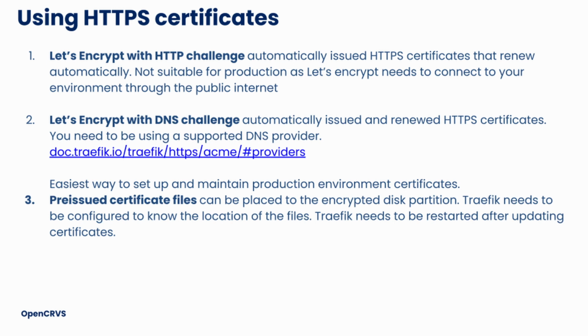These certificates are stored on the encrypted file storage partition on the application servers, and the server is configured to know their exact location. This method requires manual renewal of certificates, typically once a year.